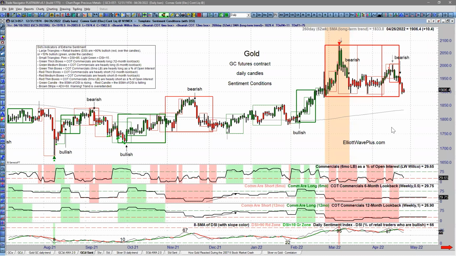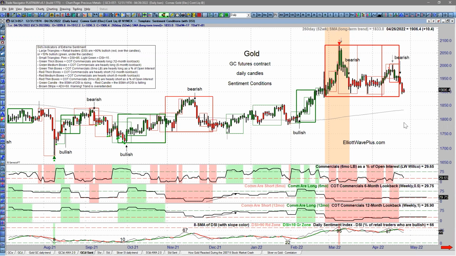Is it bearish? Or is it neutral? Anybody? Anybody want to jump out there and say what they think the story is on gold right at the minute?